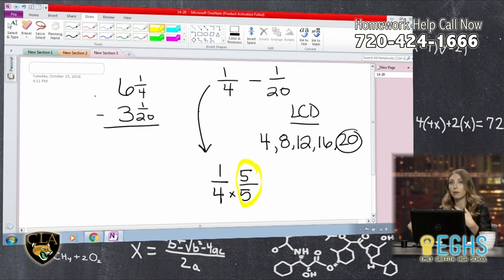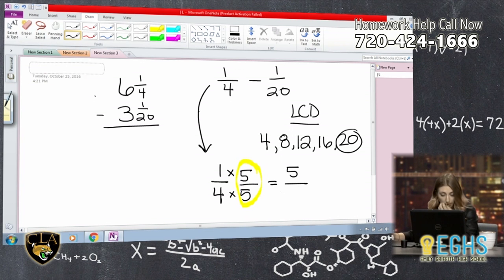That's why I'm allowed to multiply the numerator and denominator by the same thing, because when we multiply anything by 1, we're not changing its value. So 1 times 5 is 5, and 4 times 5 is 20. So 1/4 is equivalent to 5/20.